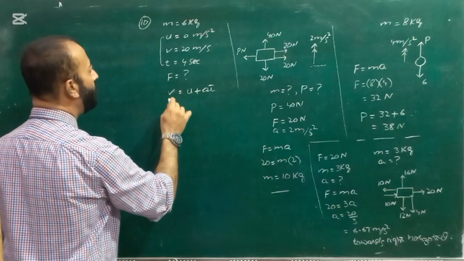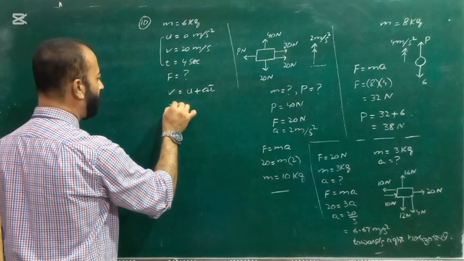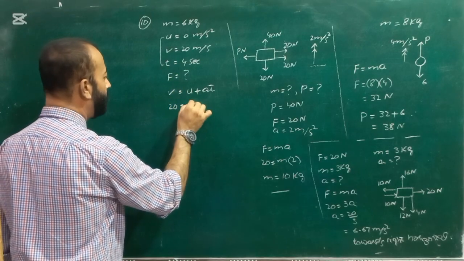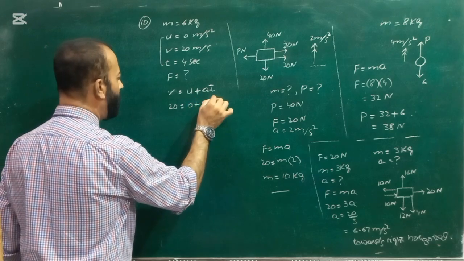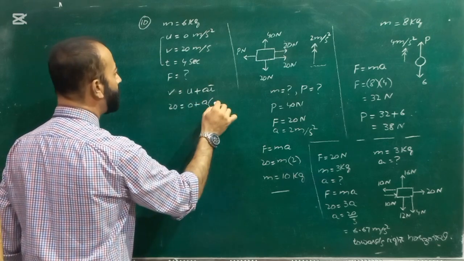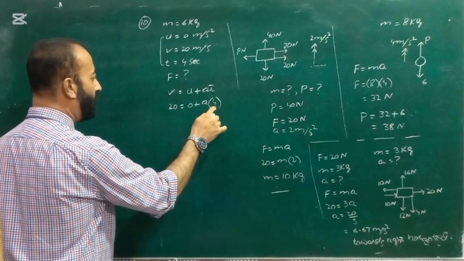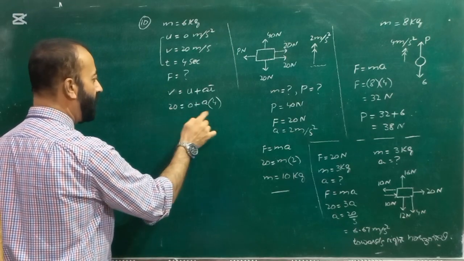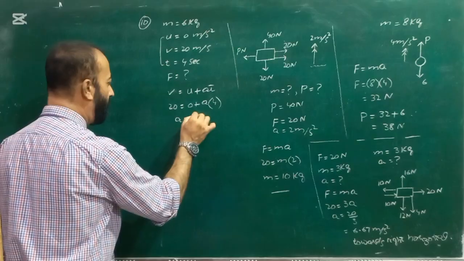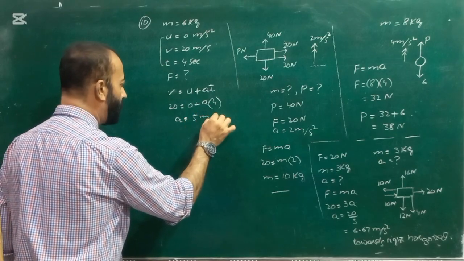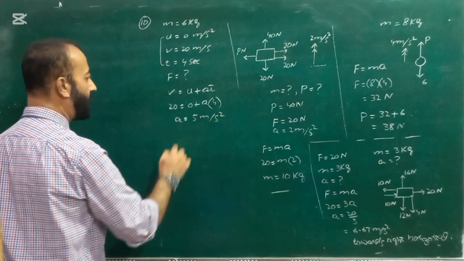Look now, v is 20, u is 0, a is required, and time is 4 seconds. From here, this 4 will come to the denominator of 20, so a will be equal to 5 meter per second square. This is the unit for acceleration.